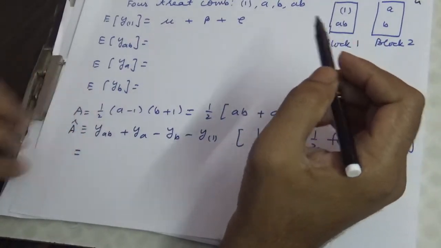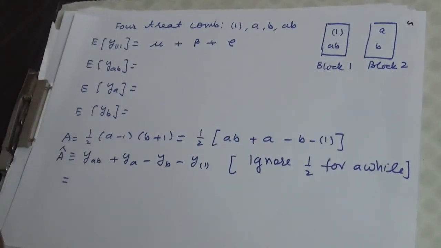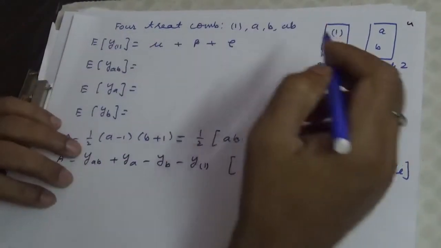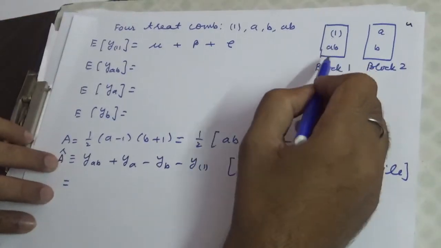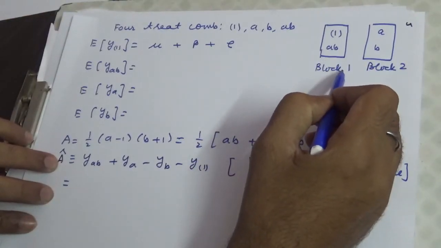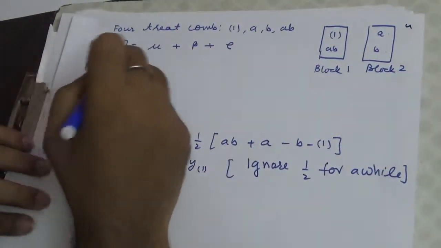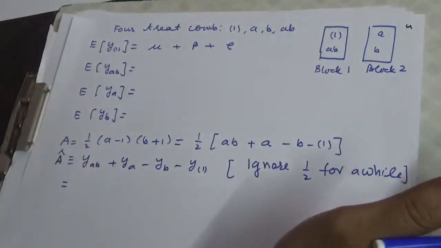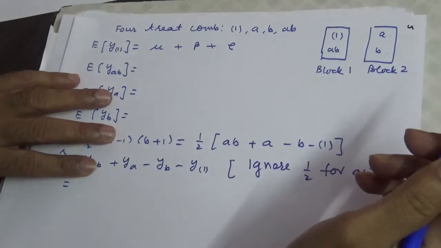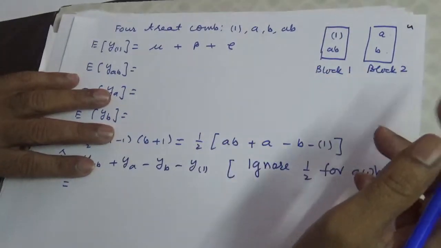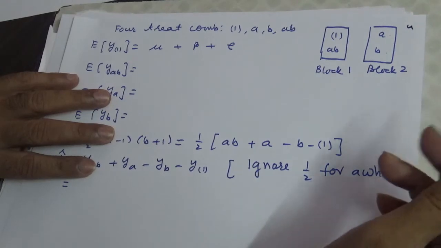So here, without any consideration, we are trying to assign the treatment combination 1 and AB in block 1 and another effect A and B in block number 2. Well, you can choose any one actually. That is not an issue, and after completing this example I will try to show you that if you choose another assignment, what will happen.